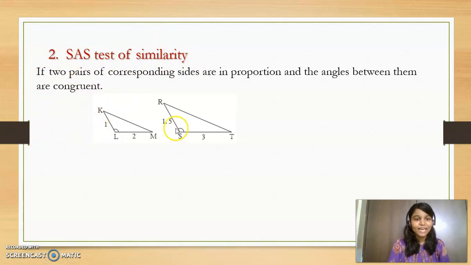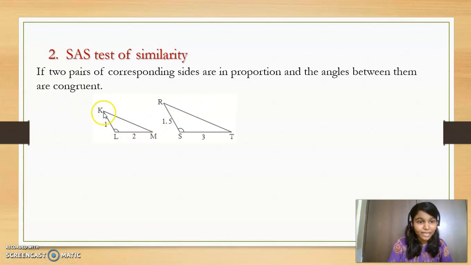that is KLM and RST. If I want to prove these two figures similar with the help of SAS test of similarity, then you have to prove two pairs of corresponding sides should be in proportion and the angle between them should be congruent.